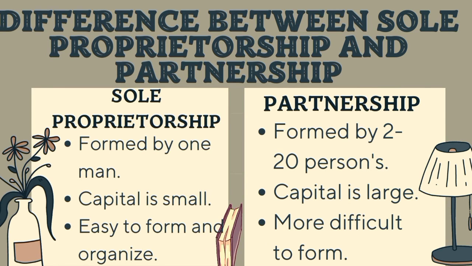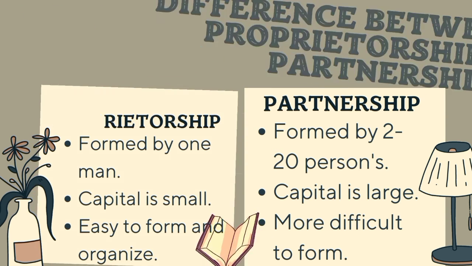Thirdly, it is more difficult to be formed. Remember, in partnership, it has to be registered. There must be an agreement. The ownership is between 2 to 20 persons. And the management, of course, all partners must participate. Okay?